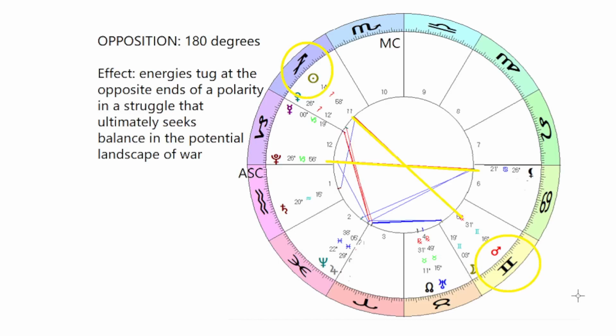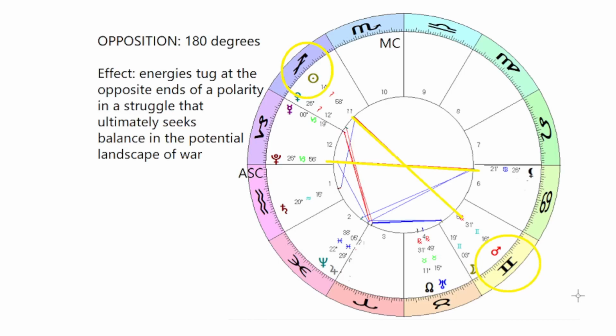There's going to be a struggle within the individual because this is the birth chart. Now, in transits, the struggles are generally experienced externally, a struggle between you and somebody else. But in the birth chart, this is describing a struggle that exists within the individual person.